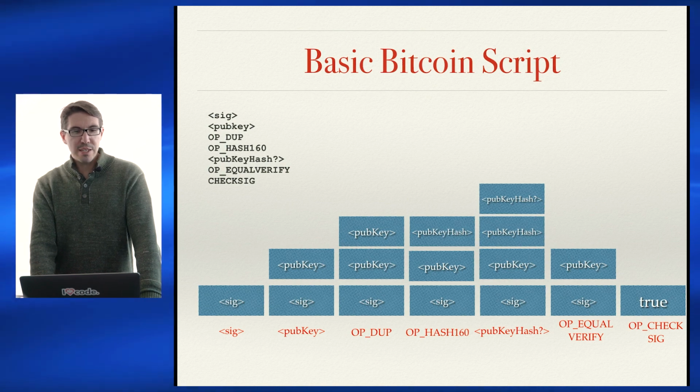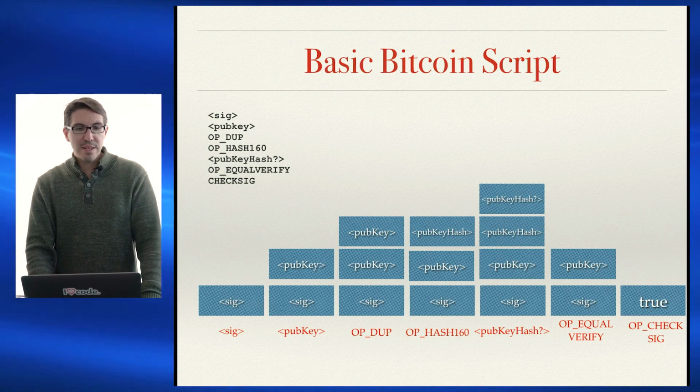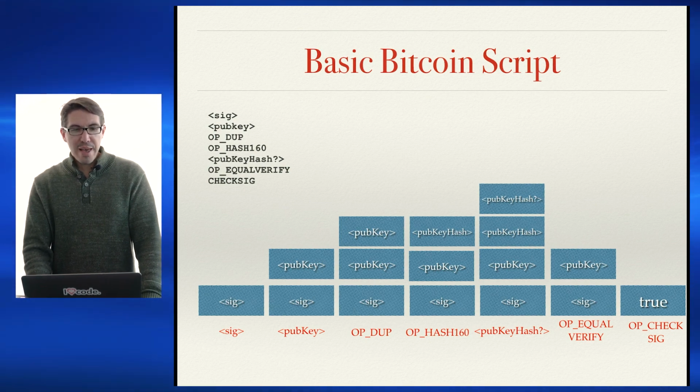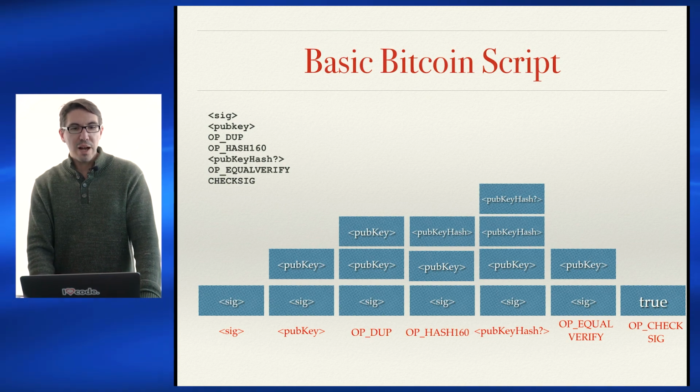We're going to put the signature and the public key, then duplicate the public key, run HASH160 on it to get an address, get our address that we specified when we were sending this, and then OP_EQUALVERIFY. So did both of these, did the potential public key hash meet the public key hash?